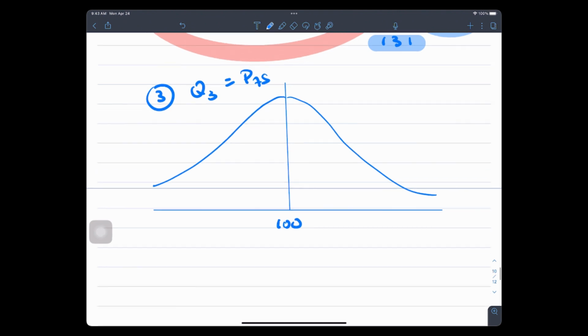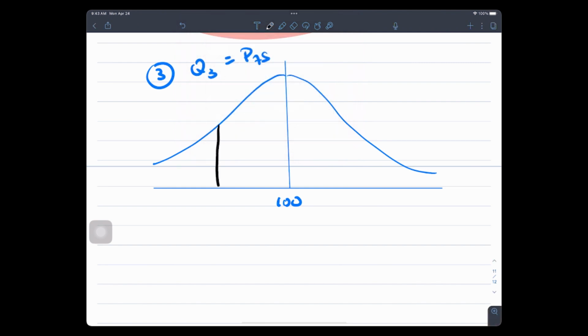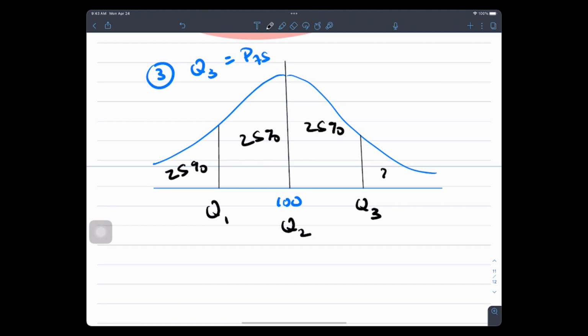How do quartiles work, if you recall? Q1, Q2, Q3. What percent is in each? 25%, 25%, 25%, 25%.